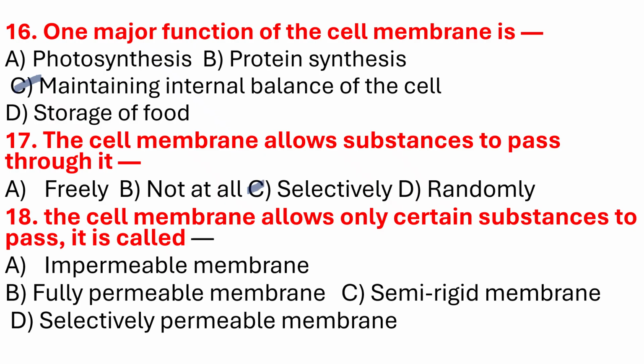Selectively. The cell membrane allows only certain substances to pass. It is called impermeable membrane, fully permeable membrane, semi-rigid membrane, selectively permeable membrane. Option D.